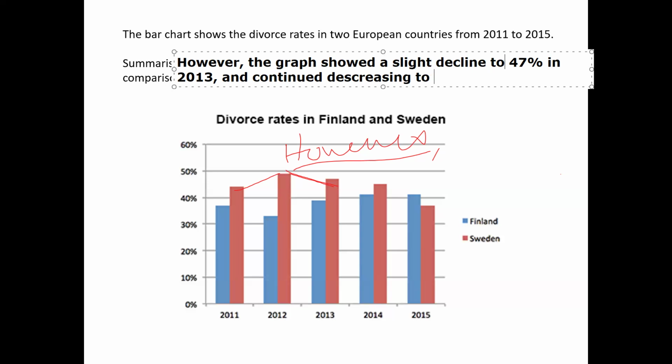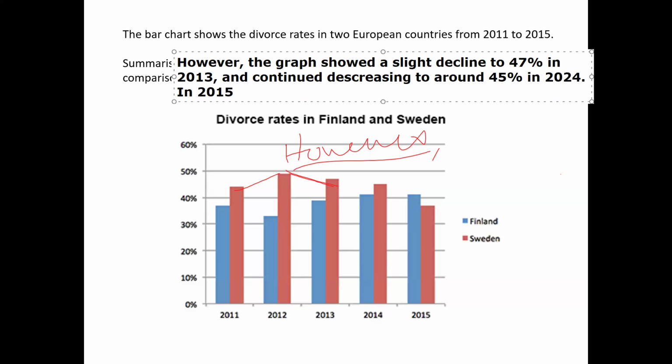To around 45% in 2014. Clear? And 2015. In 2015, it hit a low point of. Did it hit a low point or not?